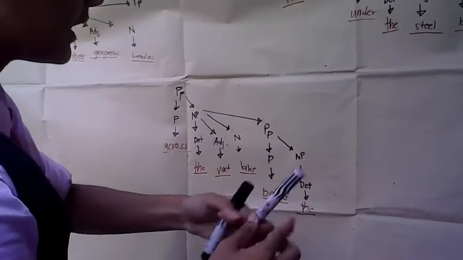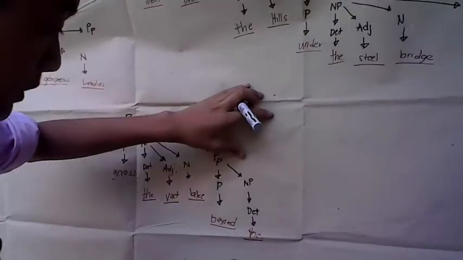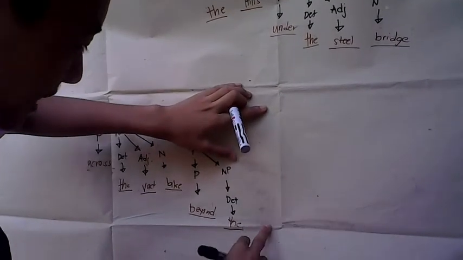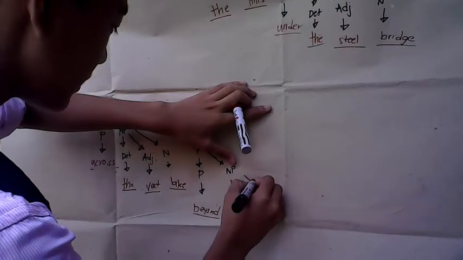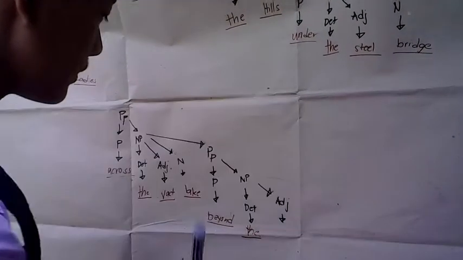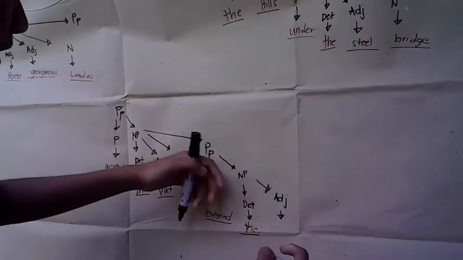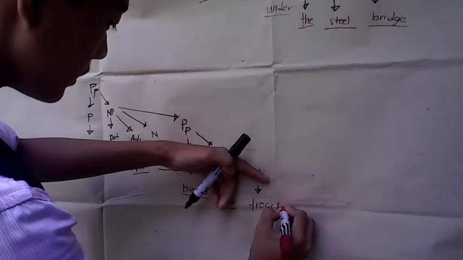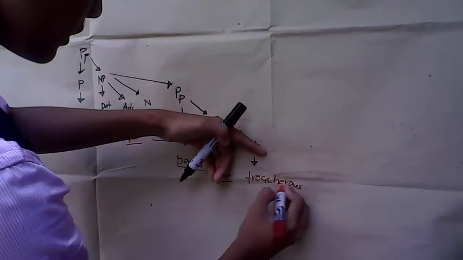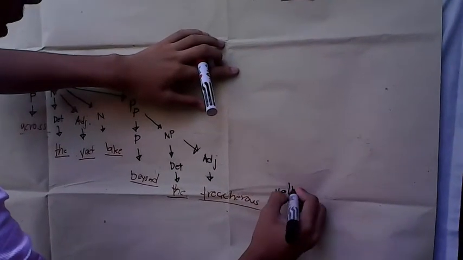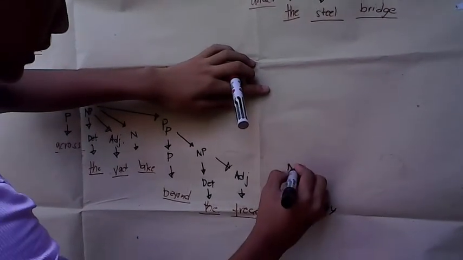The next word is an adjective, treacherous. Treacherous is an adjective, so we simply connect it to the noun phrase. The next word is valley. Valley is a noun, so connect it simply to the noun phrase.